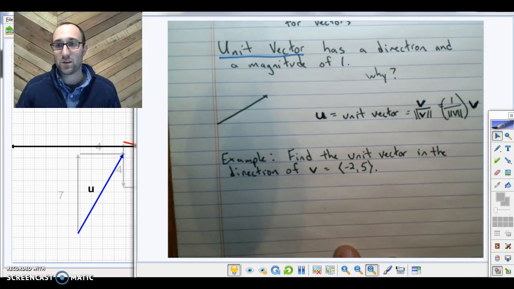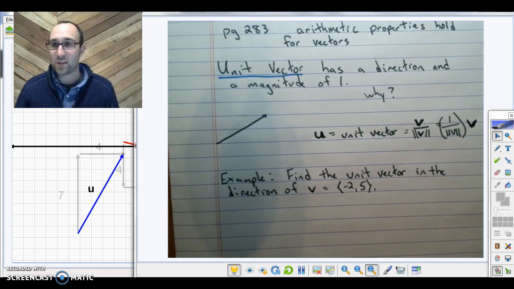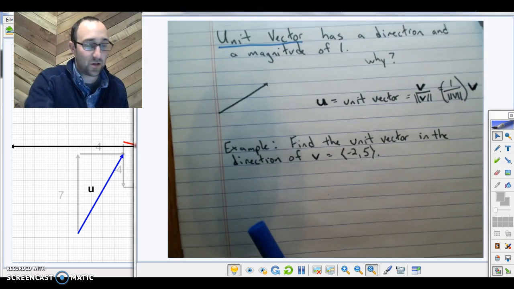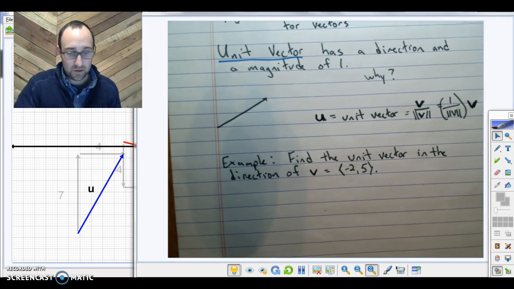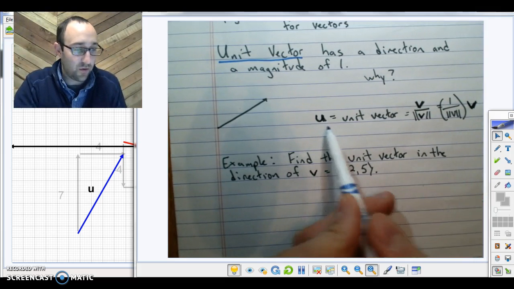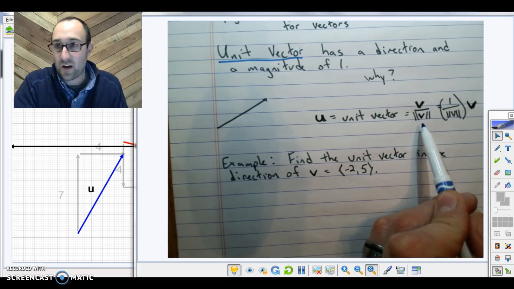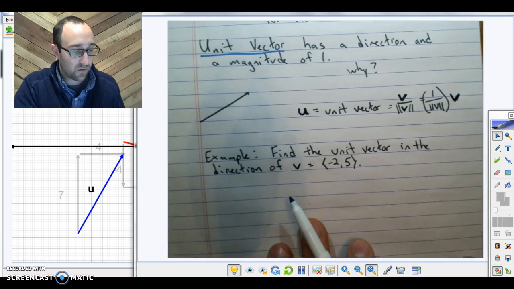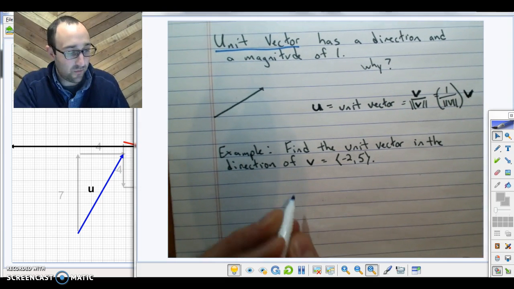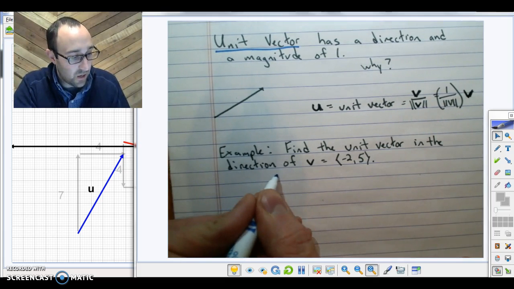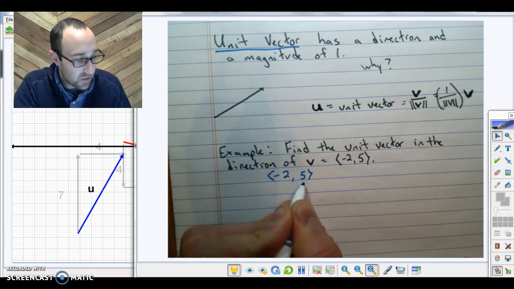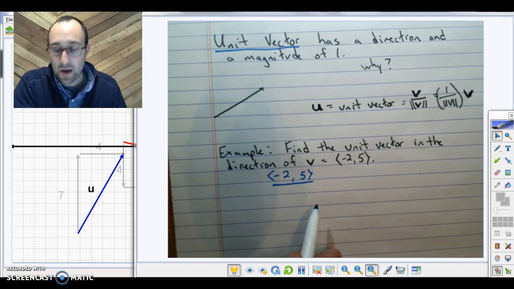What we want to do first is this example of finding the unit vector in the direction of v. So I have a specific direction, <-2, 5>. I'm going to use this right here: the unit vector is the regular vector divided by its magnitude, or 1 over the magnitude multiplied by the vector. So I'll write <-2, 5> in my pointy brackets and divide that by the magnitude.